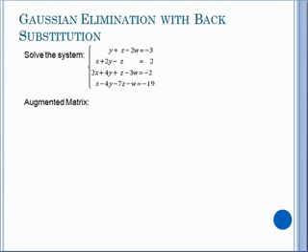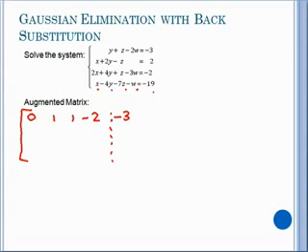Let's go ahead and do an example. I have already written the system of equations so that our variables are lined up and our constants are lined up. So let's go ahead and write our augmented matrix. For the first row, we've got 0 in front of the x. We have 1y, 1z, minus 2w, and our constant term is minus 3.